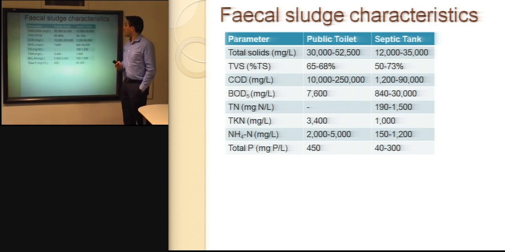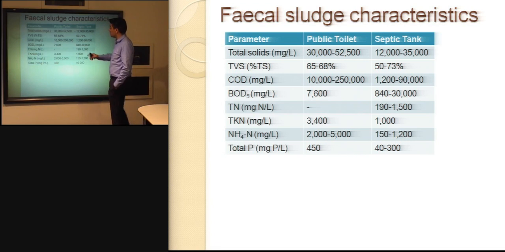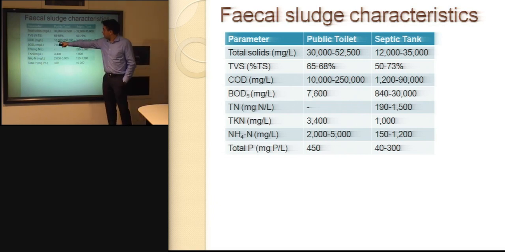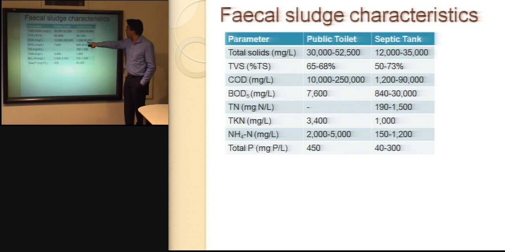If we look at how to measure the organic content based on COD or BOD5, the ranges are also quite broad: from 10,000 to 250,000 milligrams of COD per liter for public toilets that are fresher and not digested, and for septic tanks from 1,000 to more than 90,000.